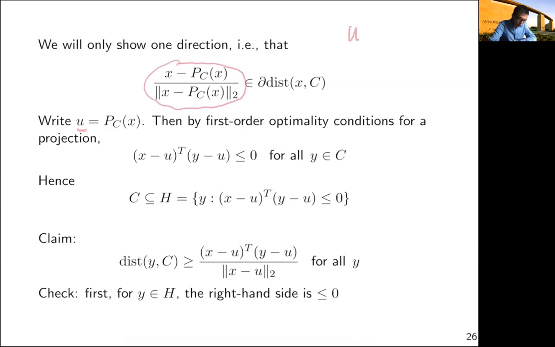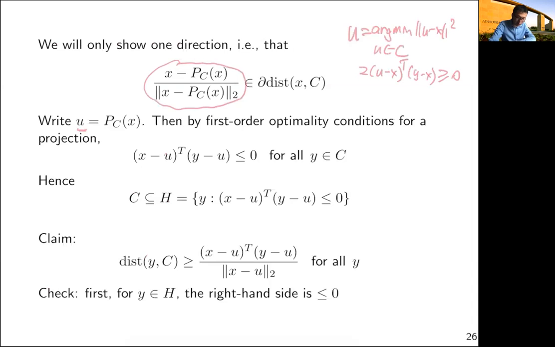Okay, so u is an arg min of this, and if we take the gradient, it would be 2 times (u minus x), and by the first order optimality condition, we know that for any y, this is larger than 0, right?